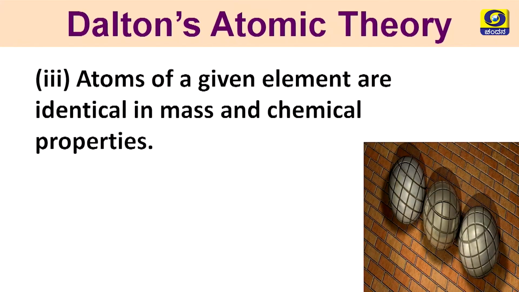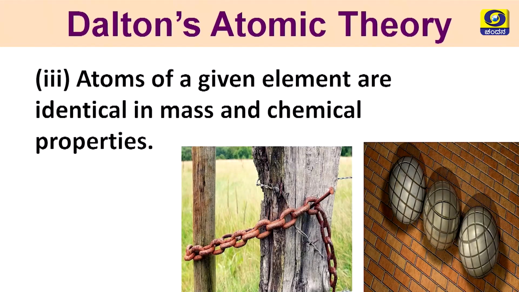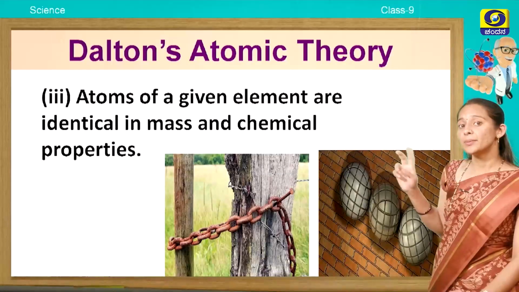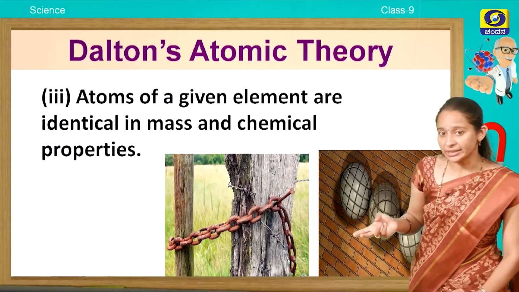Here I have given a picture of an iron ball. In this iron ball, iron atoms are there. Another picture represents an iron chain. The iron chain is also made up of iron atoms. In both we find the presence of iron atoms.